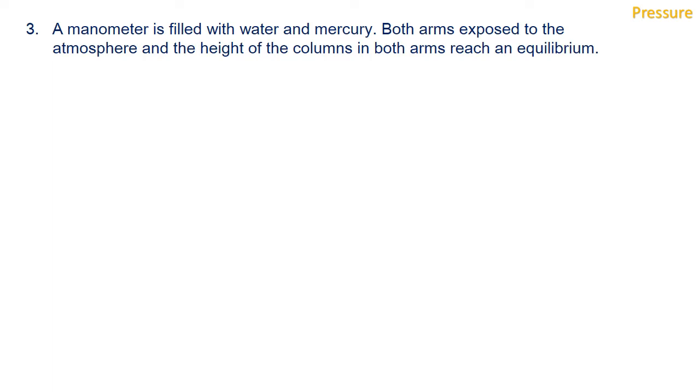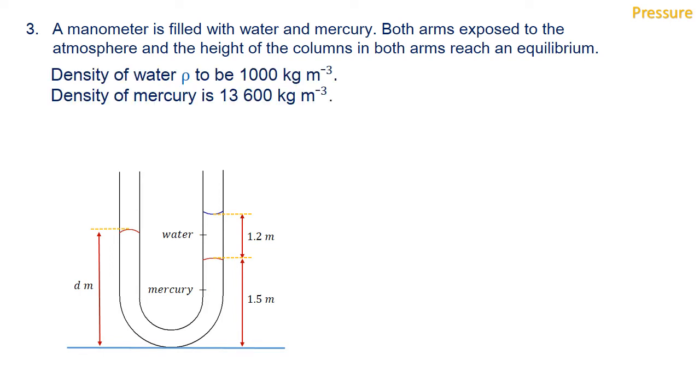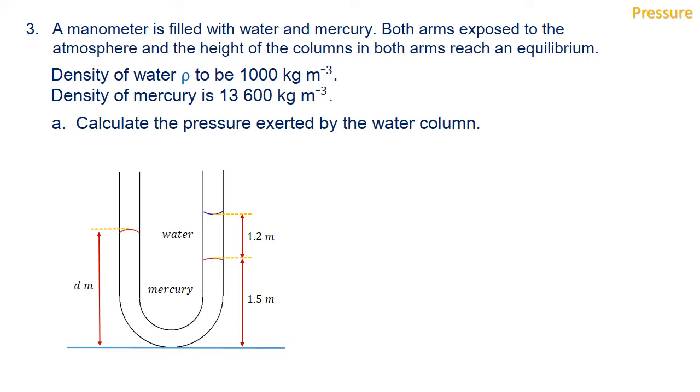A manometer is filled with water and mercury. Both arms are exposed to the atmosphere, and the height of the columns in both arms reach an equilibrium. We note that... Calculate the pressure exerted by the water column.